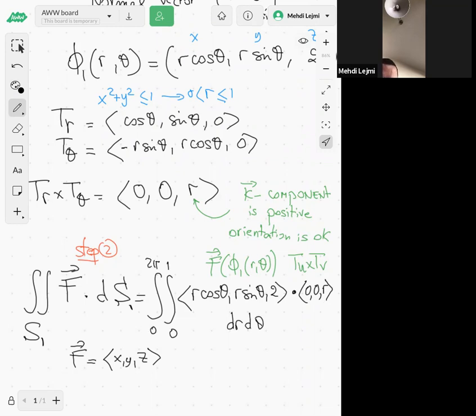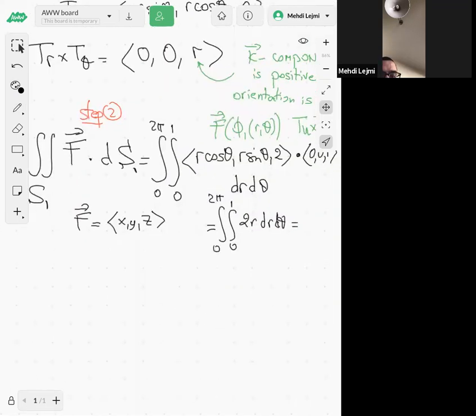So this is equal to, well, the scalar product is going to be just 2r. So it's the double integral from 0 to 2 pi, 0 to 1, of 2r dr d theta. The integral of 2r is r squared from 0 to 1, that would be 1, and then times 2 pi.